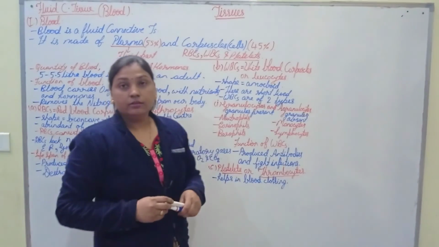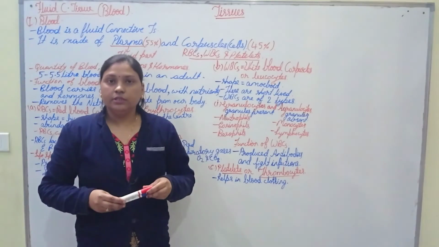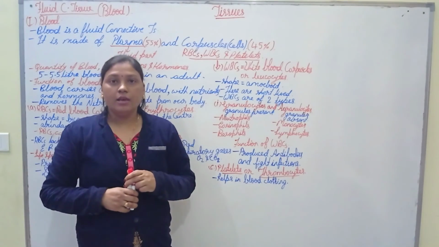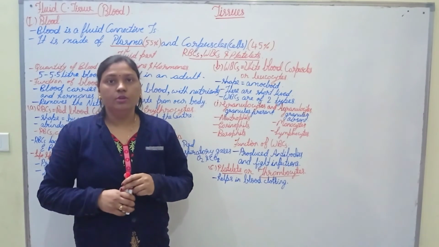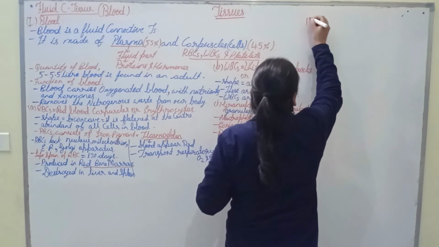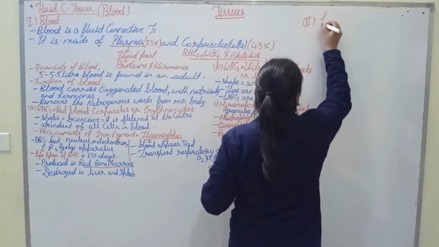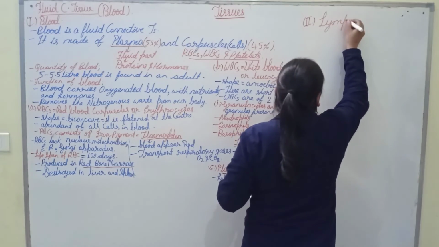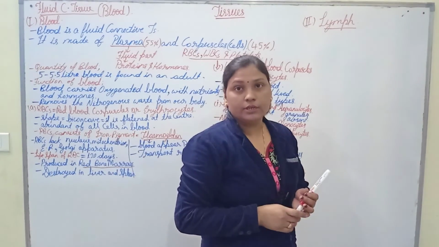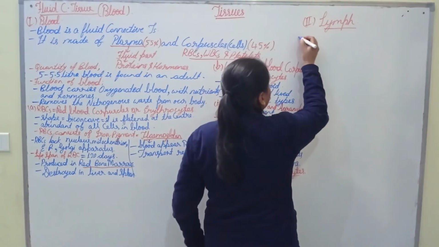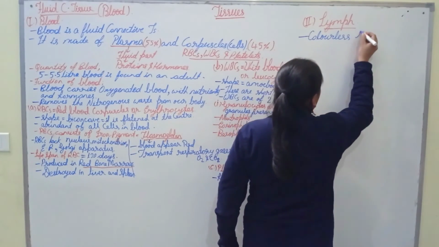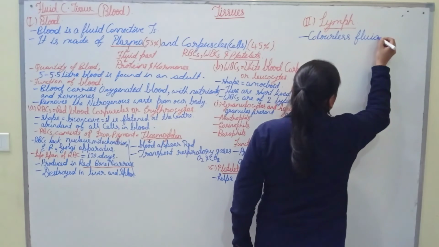So now we have another type of fluid connective tissue, and that is lymph. In the 9th class, we have to study in short about lymph. So let's talk about lymph. Lymph is another fluid connective tissue. This is a colorless fluid connective tissue.